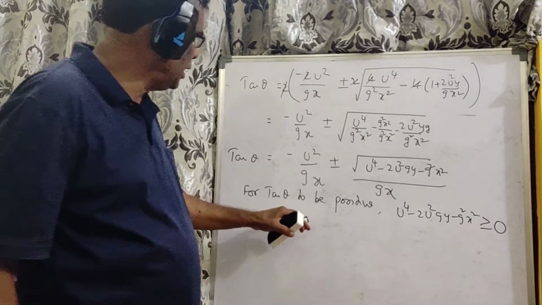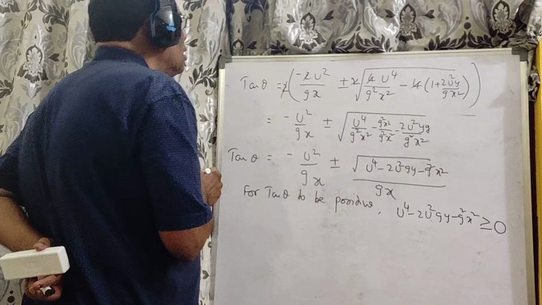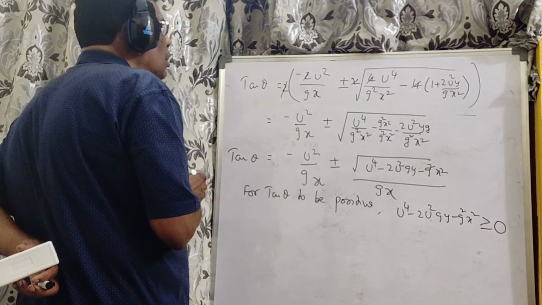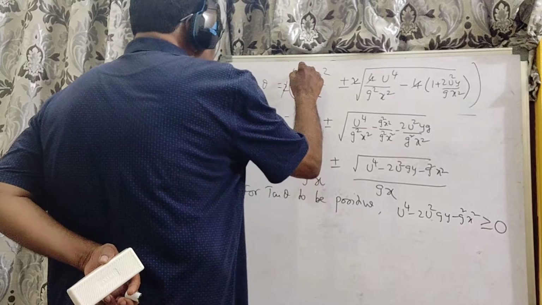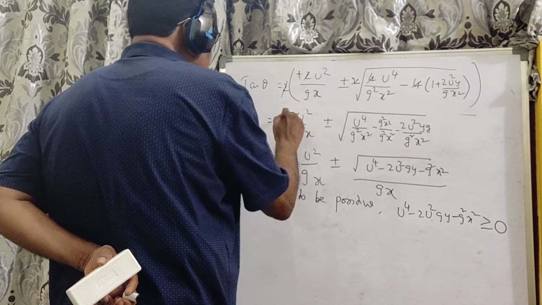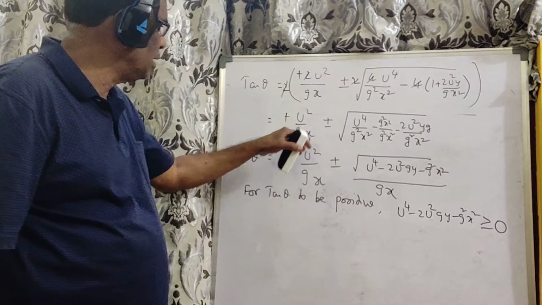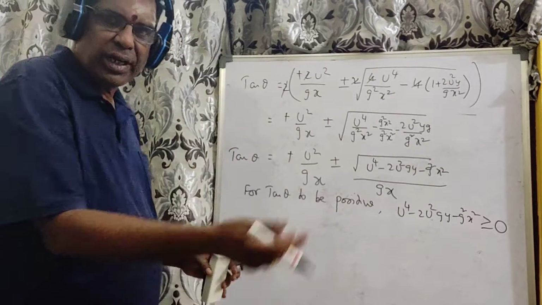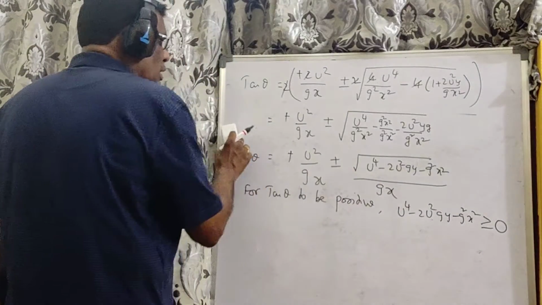If that is greater than or equal to 0, then you will get, I think minus b means this is u square by gx. In the equation there is already a negative sign there, minus b when you take it, it becomes plus. Try to correct it in the previous expressions as well. So you have got this expression now.